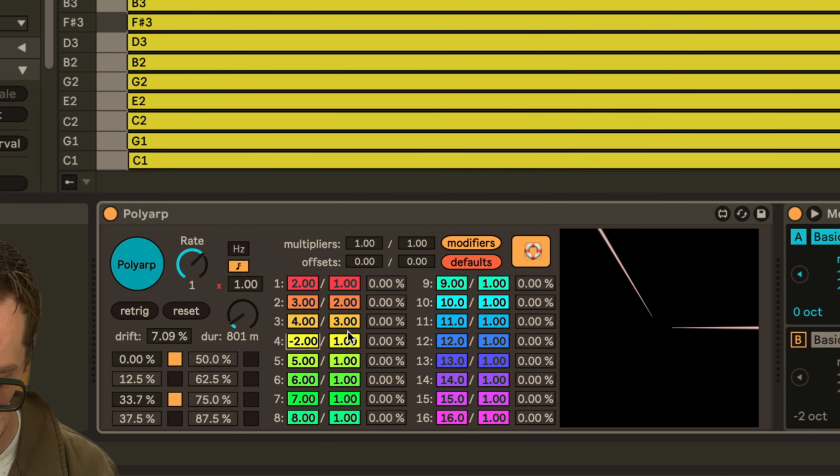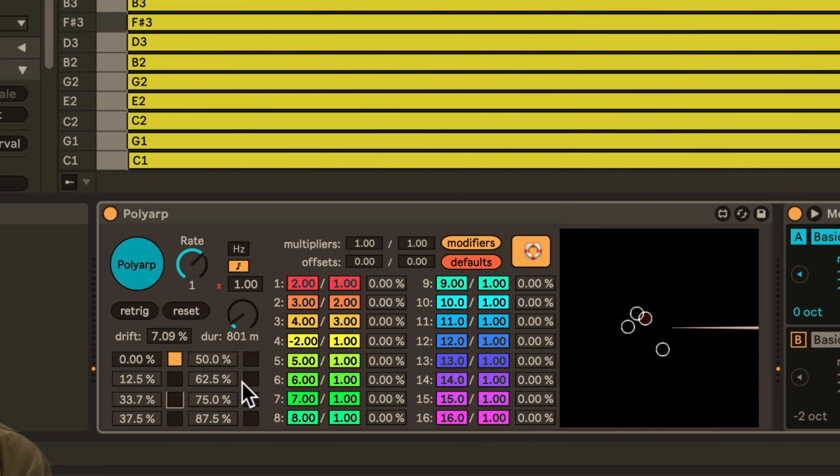Let's play 4 notes. So you can see that yellow note is moving in the opposite direction. And if the only trigger is at 0%, that kind of doesn't mean anything. But if you have a trigger anywhere else, it's going to create a different pattern for notes that are moving backwards versus notes moving forwards.